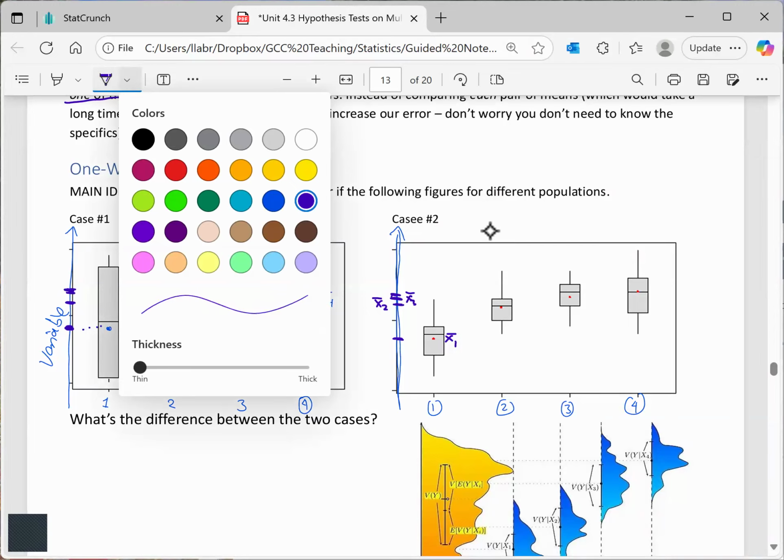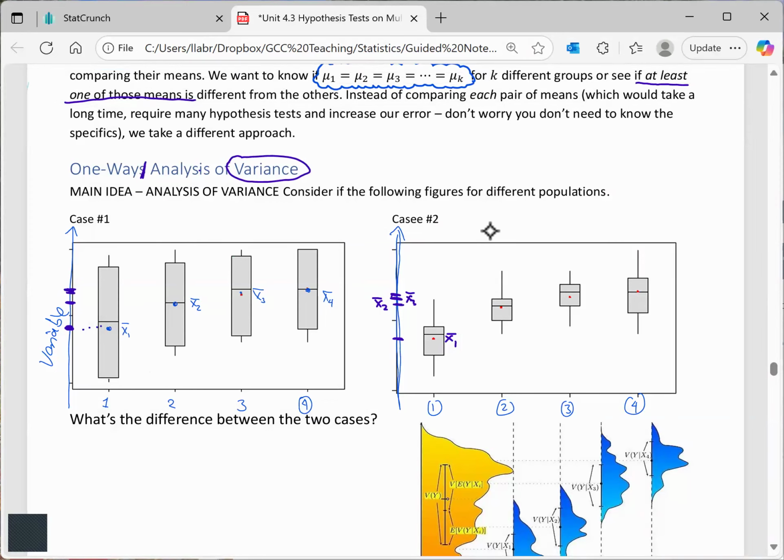Let me give you an idea of that. For example, in group 1, my data varies from here to here. So there's a lot of variability in that group. Notice that for group 2, same kind of variability. I'm only looking at the center 50% of data. This is the amount of variability in that group. And then look at the amount of variability in this group, and here we have the variability in that group as well.